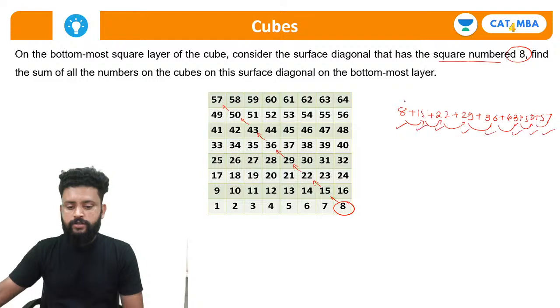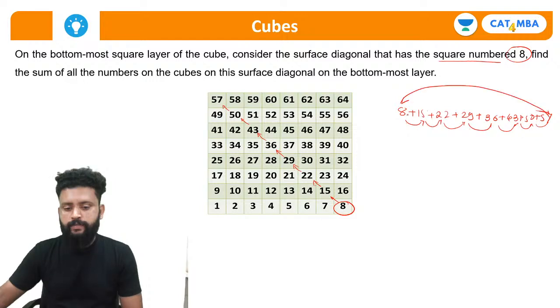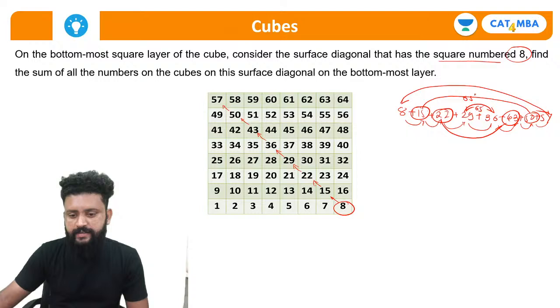If we add the first and last number, 57 plus 8 is 65. Then add 15 and 50, again it is 65. 22 and 43 is 65. This one is also 65. So everywhere you are getting 65. So how many times 65? You'll get 65 four times.